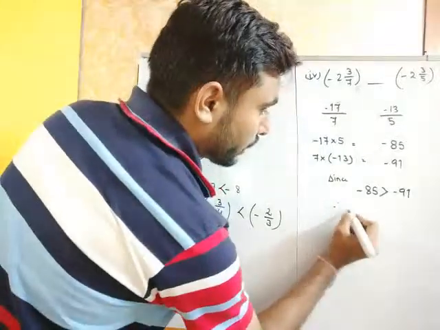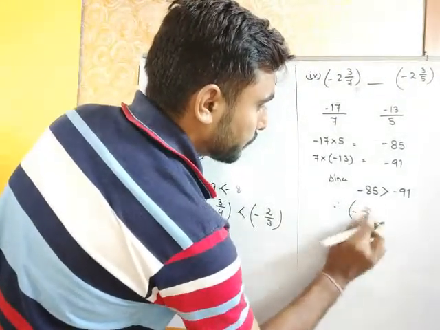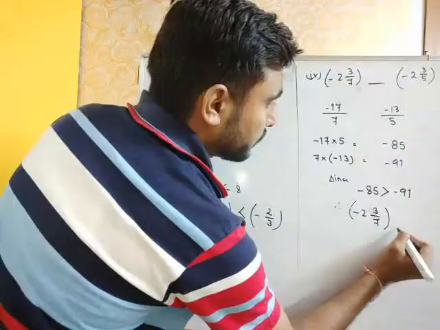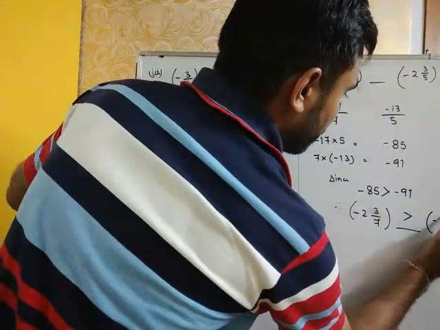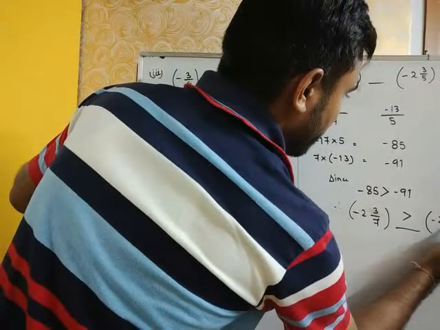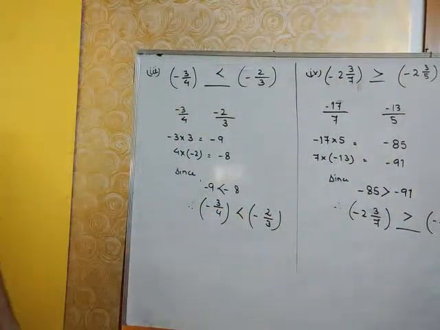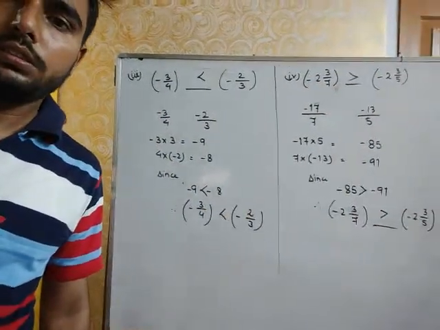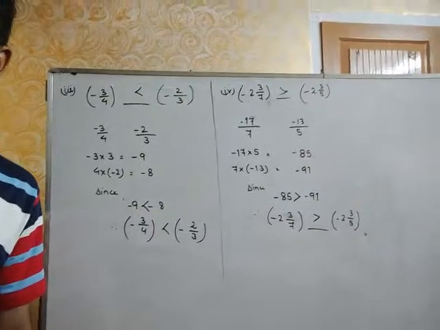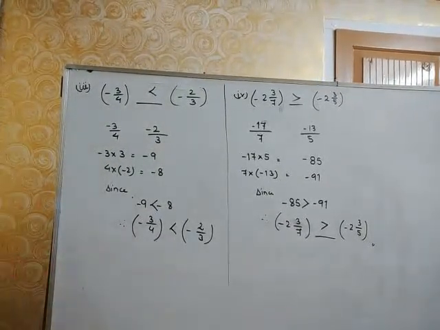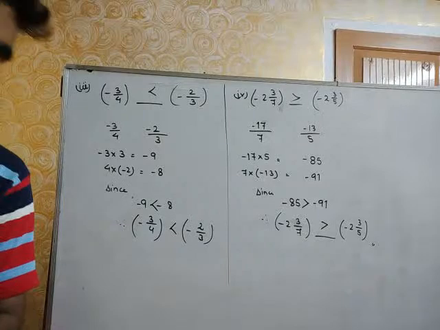Therefore, minus 2 3 by 7 is greater than minus 2 3 by 5. So this will be greater. Got it, all of you? Please note it down. If you have any doubt, you can ask.